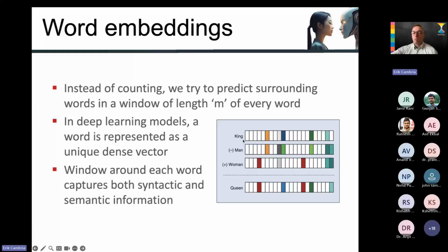And the famous example of this is that if you took the word embedding representing the concept of king and you subtracted the word embedding of man and added the word embedding of woman, you would get a resulting word embedding that was very similar to the word embedding representing queen.